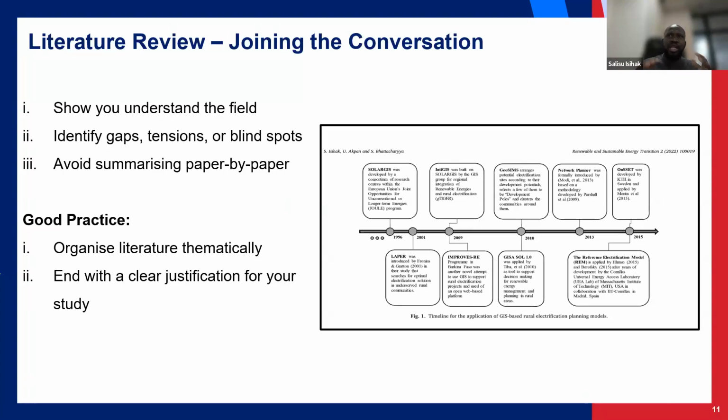You are trying to provide a gap in your work so that you will justify why your work is also important. So it's to show your understanding of the field, to identify the gaps or the blind spots in that area, and also to organize it in such a way that it will be understood. So it is not just summarizing paper by paper.